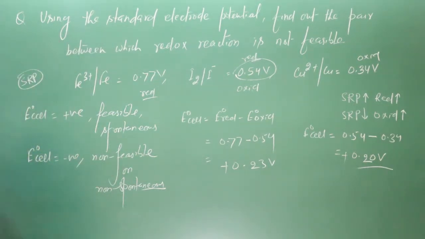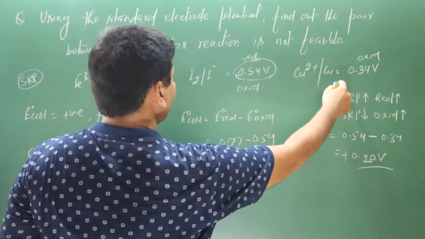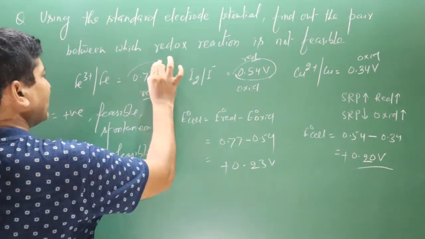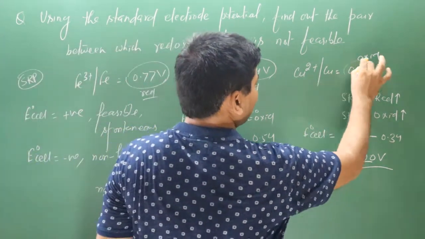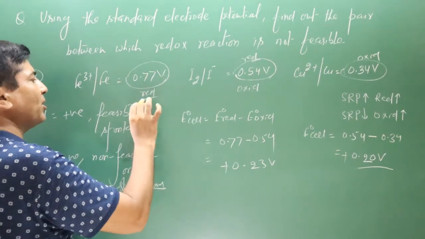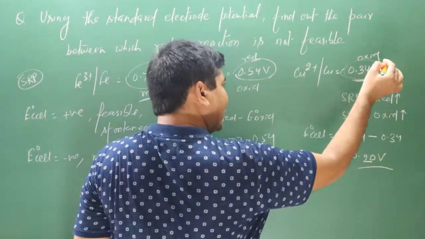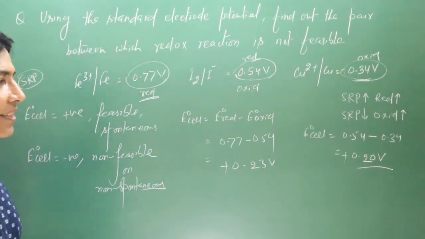Now I take another pair. I take third and first half cell reaction. Now you can compare. You can see this is 0.77, the larger value, and this is the smaller value. Since it is the larger value, it will undergo reduction. Since it is the smaller SRP value, it will show oxidation reaction.